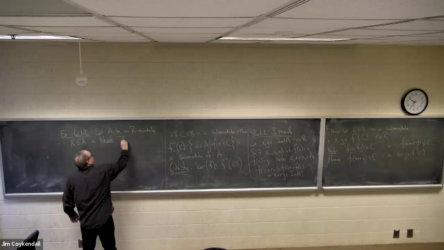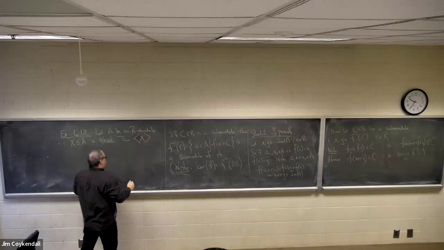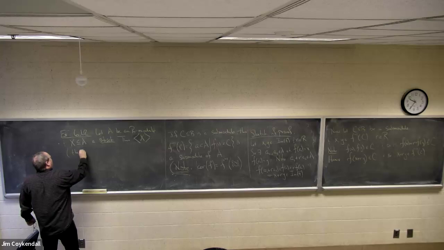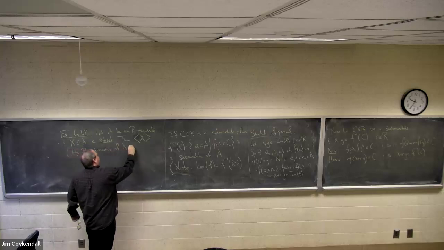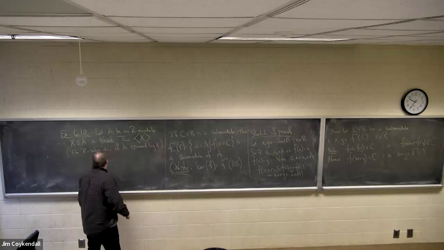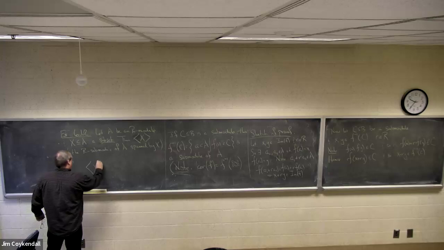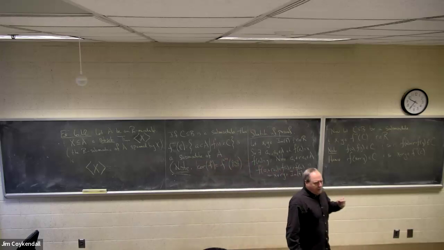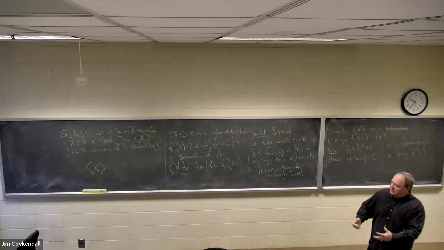Then the bracket X, the R submodule of A spanned by X, is, I'm going to define this to be, the smallest submodule of A. So I just pick this arbitrary set, right?